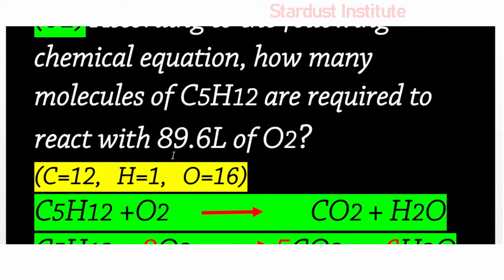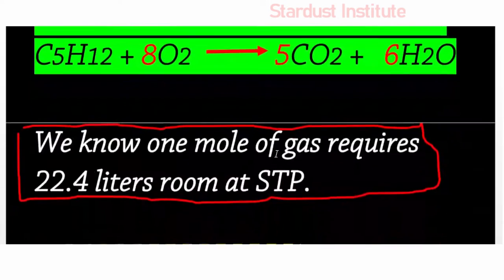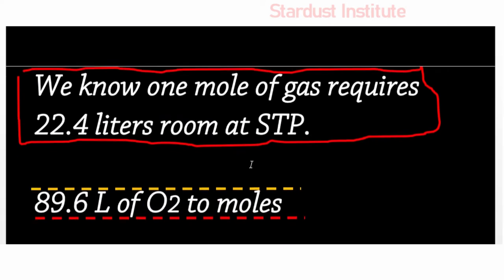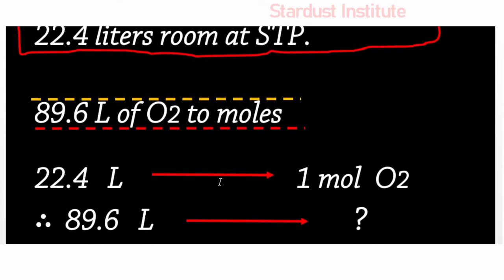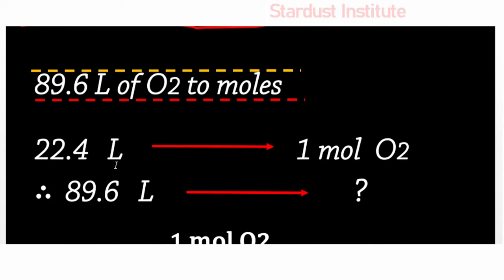We have been given 89.6 liters of oxygen. Now we have to convert this 89.6 liters of oxygen to moles of oxygen. Let's convert it. We know in a volume of 22.4 liters there is 1 mole of oxygen.